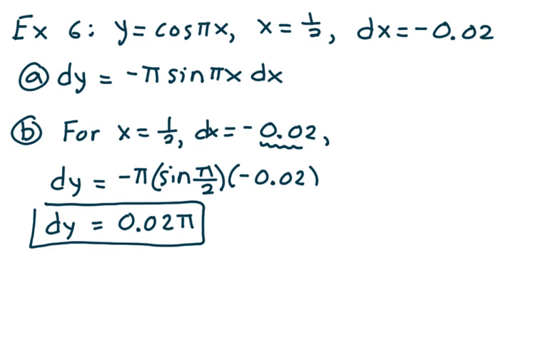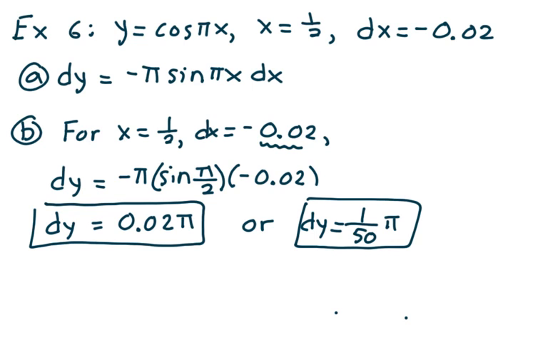You may want to double check with your instructor, but you would either write dy as 0.02 pi or dy is, let's see, that would be 2 over 100, which is 1 over 50 pi. And I would think either one would be acceptable, but again, this is all dependent on your instructor and what that person prefers. So I would again suggest double checking.